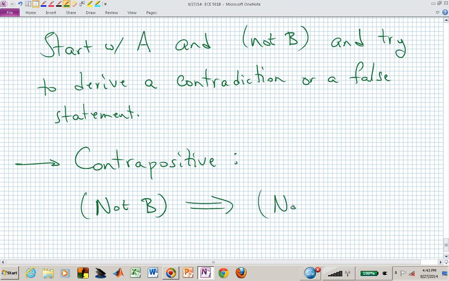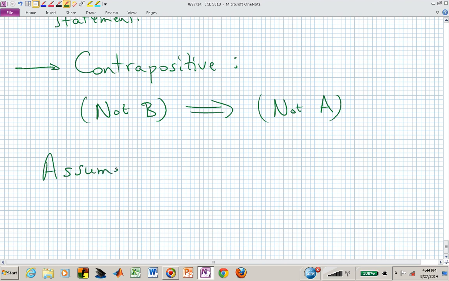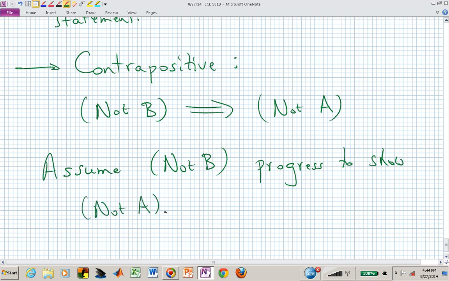Not A. If you can start with the negative of your conclusion and show that that implies the negative of your hypothesis, then you've shown that if A, then B. And you can look at a truth table and show that if you start with not B, the only way that that truth table is going to be true is if you have not A. So in this case, you assume not B and progress to show not A.